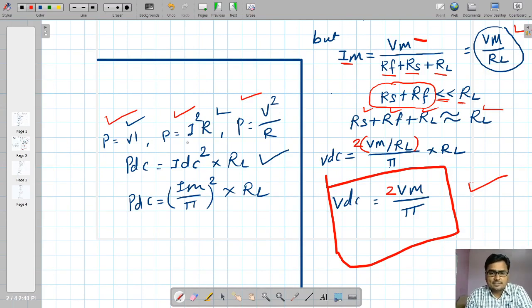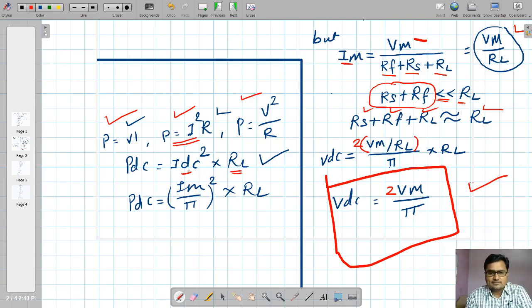But in case of half wave rectifier, we used P is equal to I square multiplied by R. So PDC is equal to IDC squared, and this R is now load resistor RL.